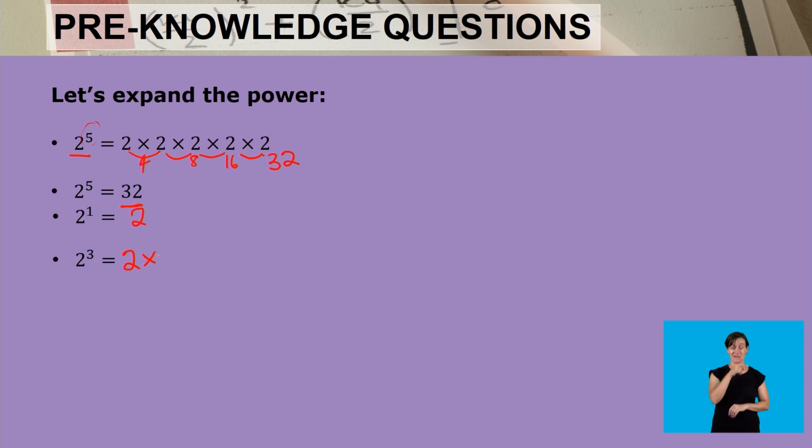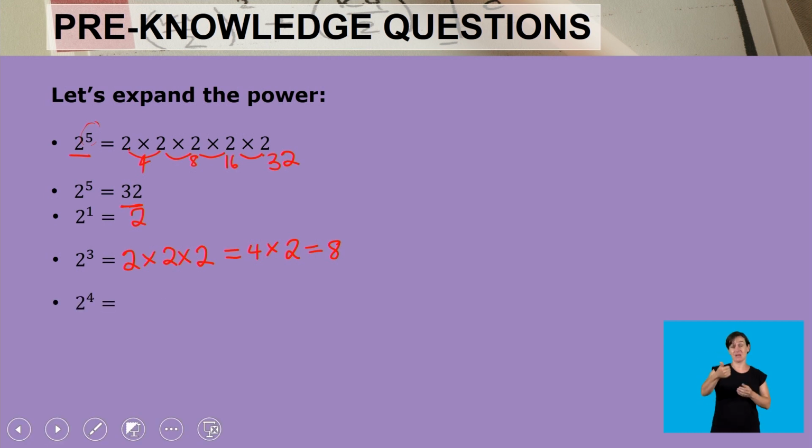That is 2 multiplied by 2, multiplied by 2. Now what would the answer be if we expand this? 2 multiplied by 2 is 4, and if we multiply that by 2, that gives us 8. So 2 exponent 3 is equal to 8.